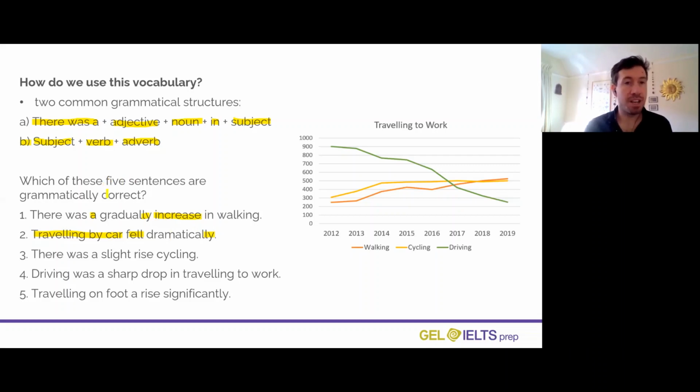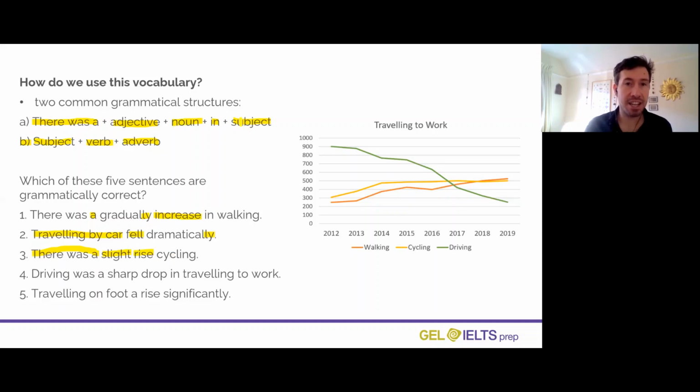Let's look at number 3. There was a slight rise cycling. Okay, well, it's this first pattern, A. There was a, fine. Slight is an adjective, so that's correct. Rise is a noun. Okay, we've got a rise.